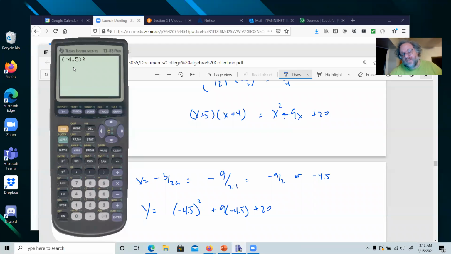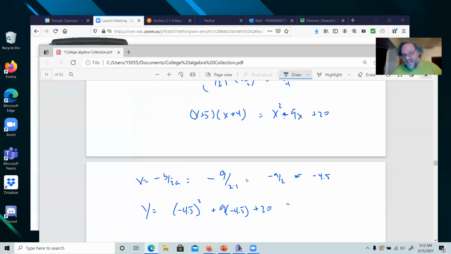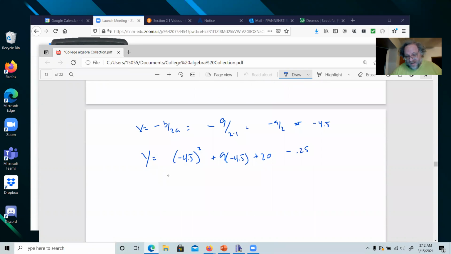See, I put it all in parentheses, so it'll give me the right answer. Plus 9 times negative 4.5, plus 20. Oops, there we go, just 20. Negative 0.25, who would have thought? That's negative 1/4. So my vertex is negative 4.5, negative 0.25.